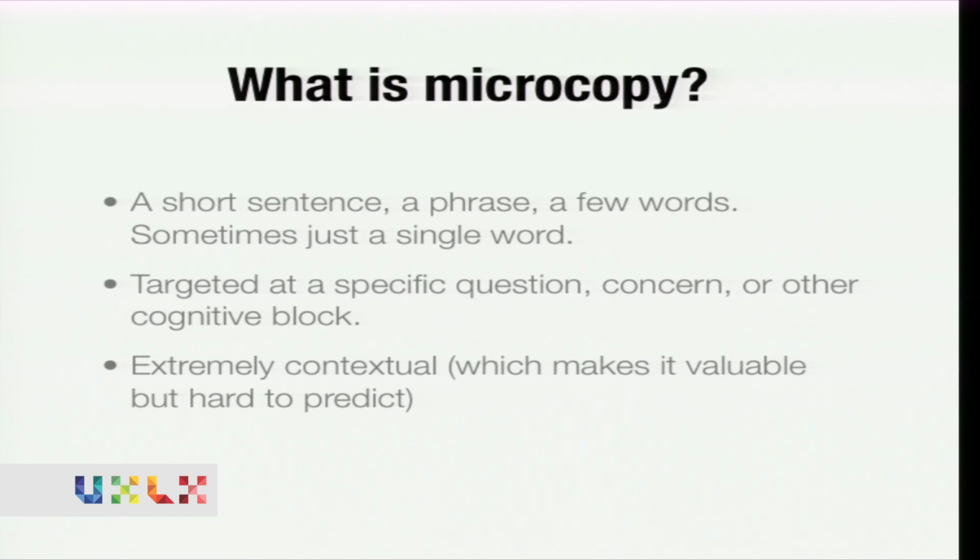There are some that are getting pretty standard, like no credit card required, or you don't need an account to use PayPal. Those are becoming extremely common, so you can anticipate those. But there are a lot more cases that you just can't anticipate. You don't know if they're coming. And finally, I think microcopy is your secret weapon.